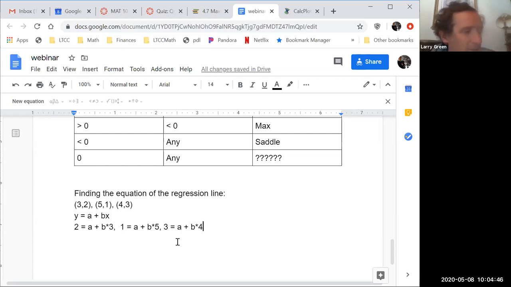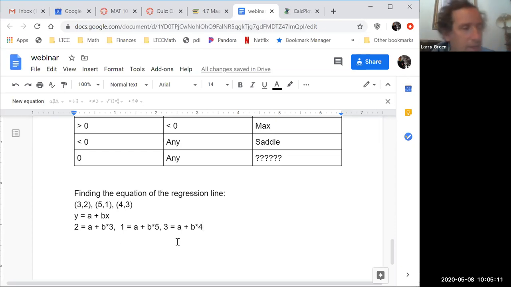Instead of saying 2 is equal to a plus b times 3, we're going to guess at some a's and b's and see how close it is to equal. It's not equal, but how close is it, and we want to minimize that distance. Any questions on that?